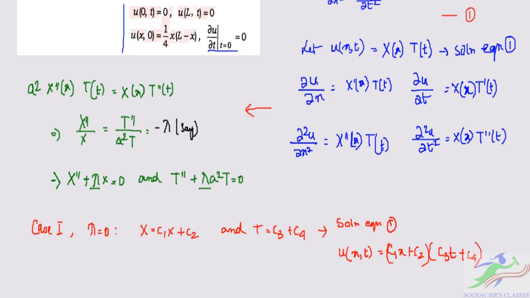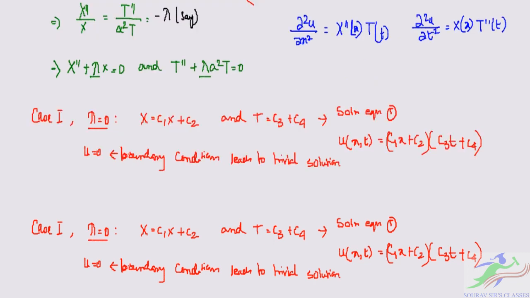So that is for lambda equal to 0. Then the boundary conditions lead to the trivial solution for lambda equal to 0.